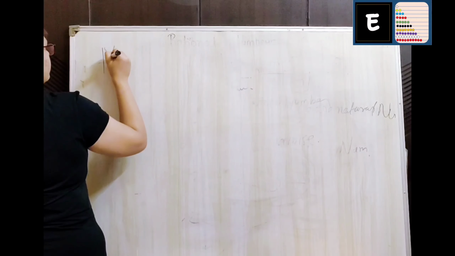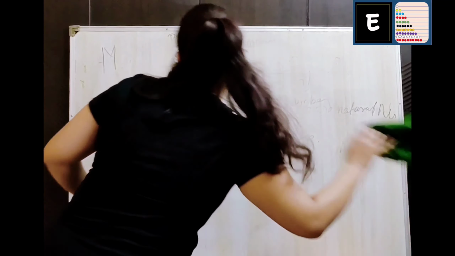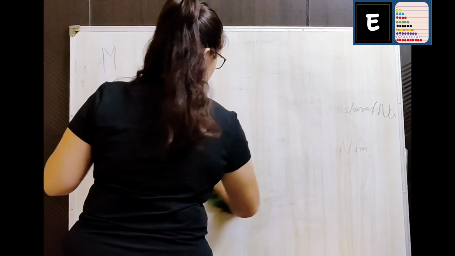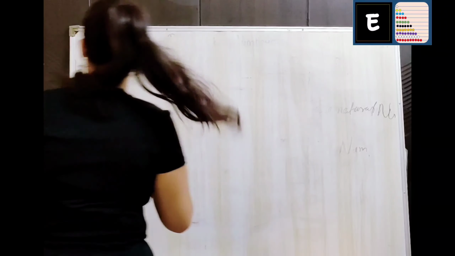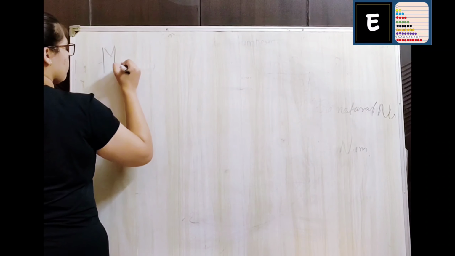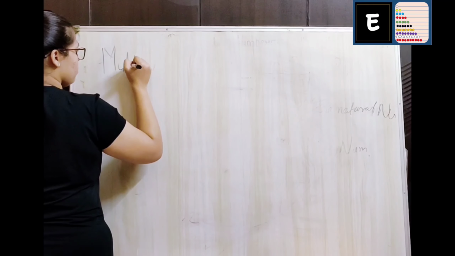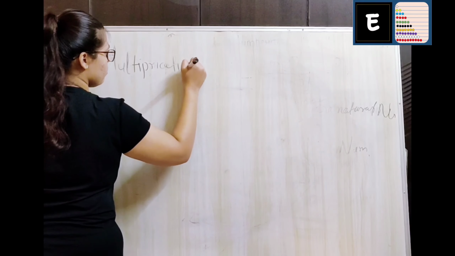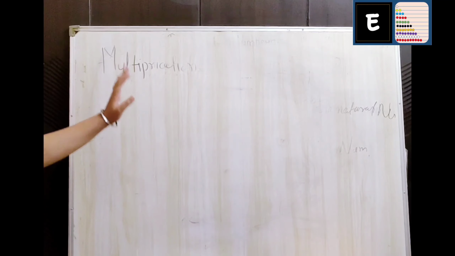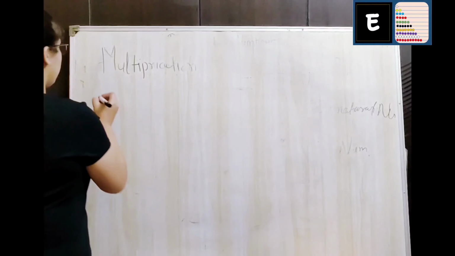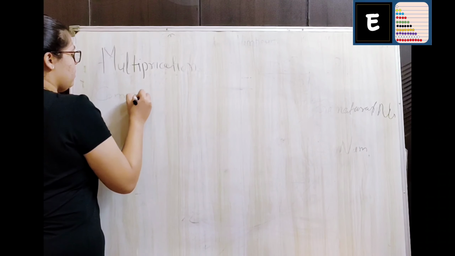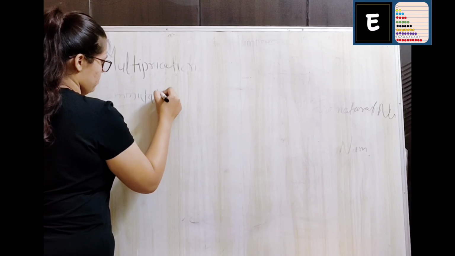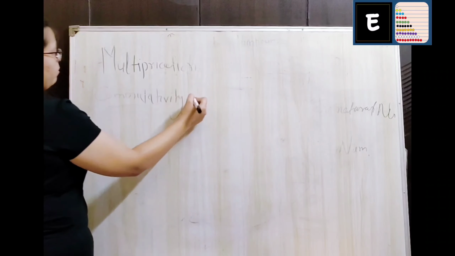For multiplication. First property is the same: we have commutativity.